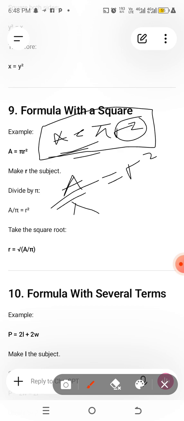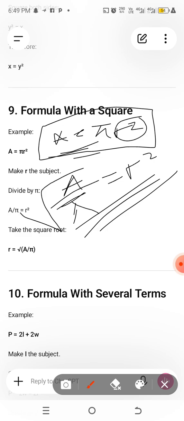It did not finish like that too. It still remains. So if you have gotten your answer to this place, you must now make sure that if you have one side to be r square and the other side like that, you must put a square root at the other side.